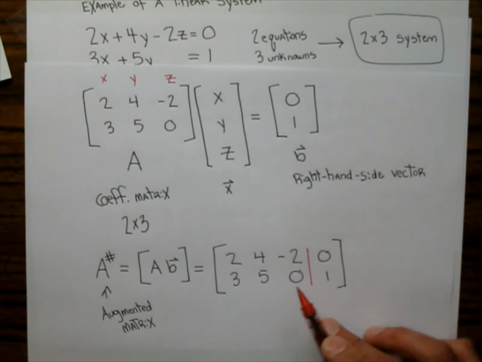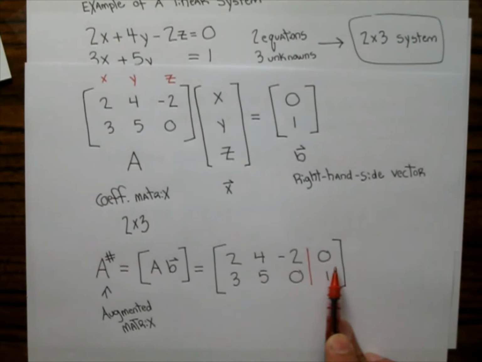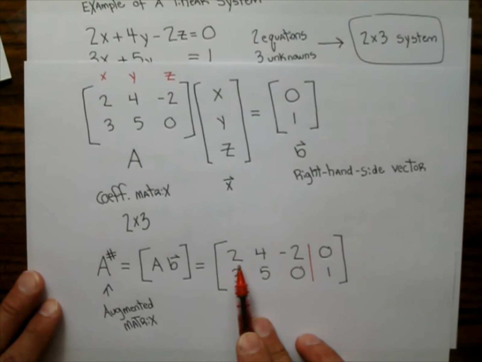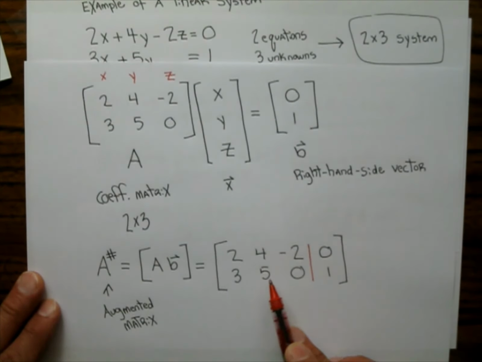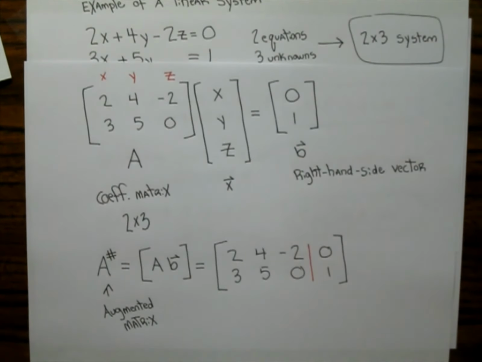When I've been working with these, it looks like 2x plus 4y minus 2z, and then this is like your equal sign, equals 0, and then 3x plus 5y equals 1. And so that is the augmented matrix. So let's take a look at our terminology here.